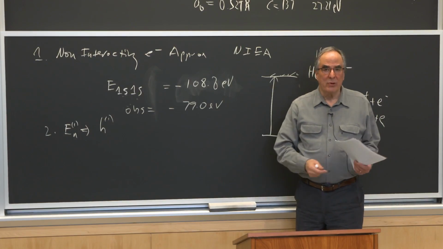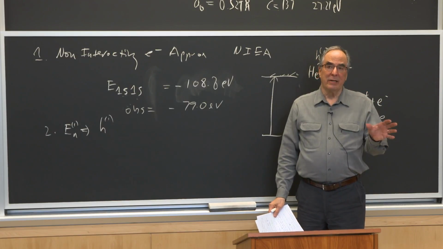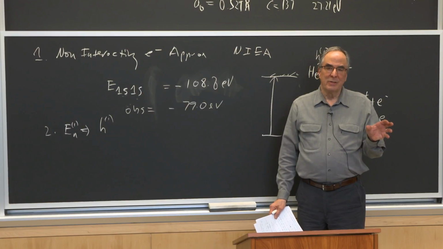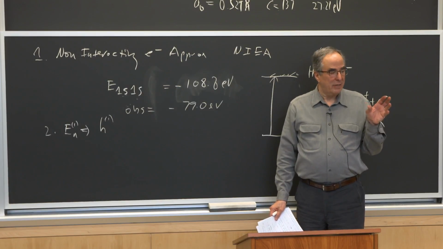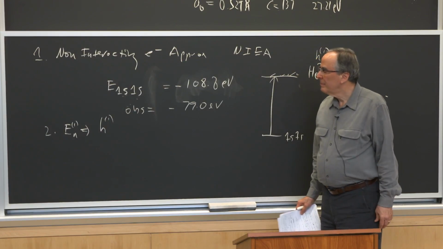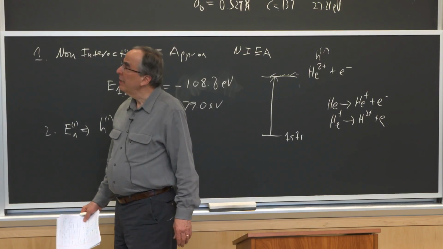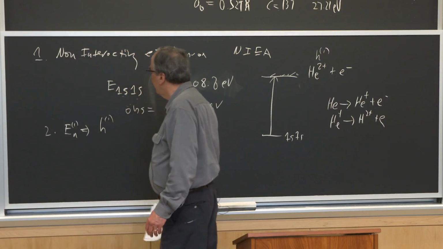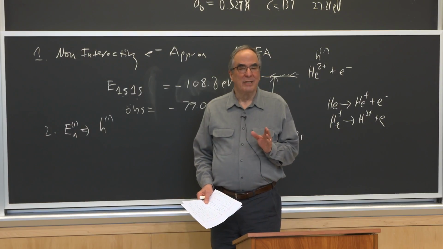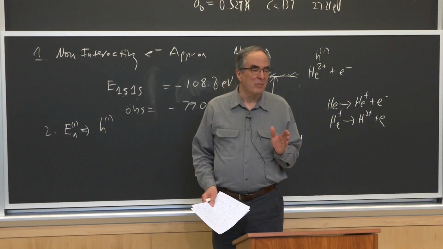So the interelectron repulsions can be dealt with, not exactly, but by calculating diagonal matrix elements of the interelectronic repulsion. And that's what the independent electron approximation is. So that's all there is. But now we bring in something that we hadn't expected would be a problem.